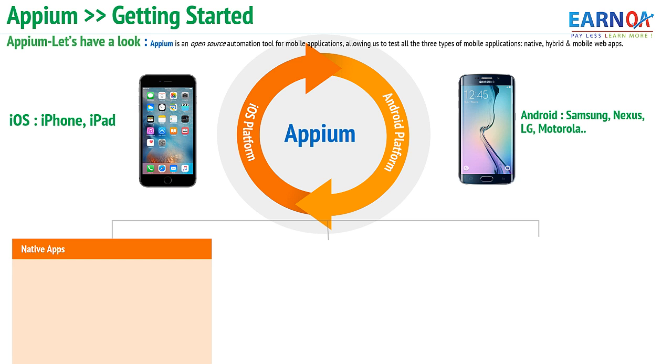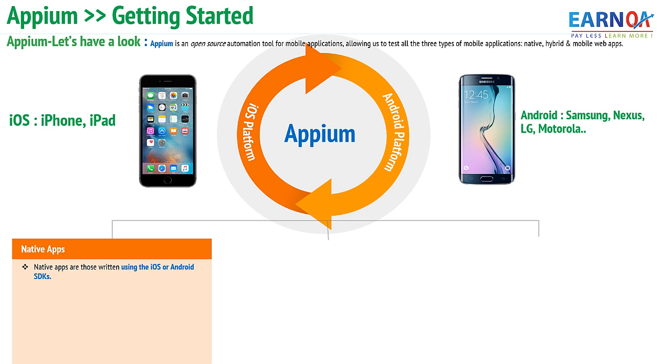The first one is the native application. So what is a native application? Native applications are those written using the platform SDK. SDK stands for Software Development Kit. What does that mean?